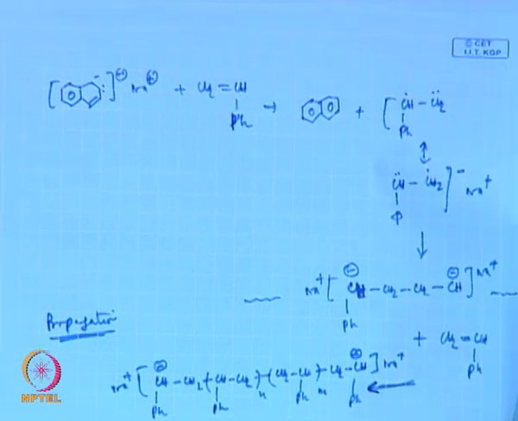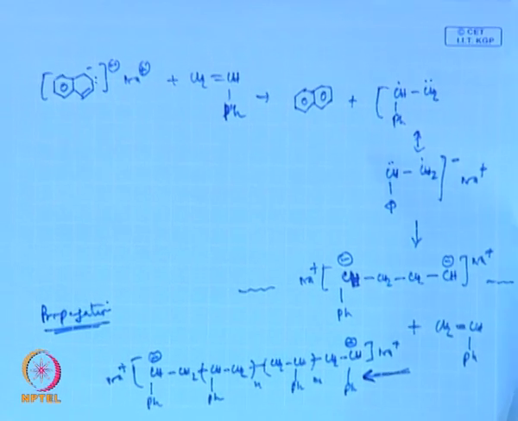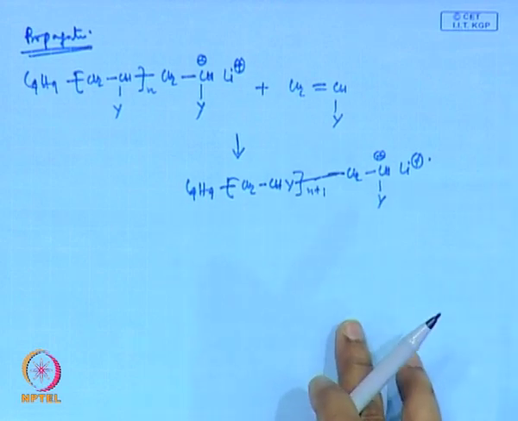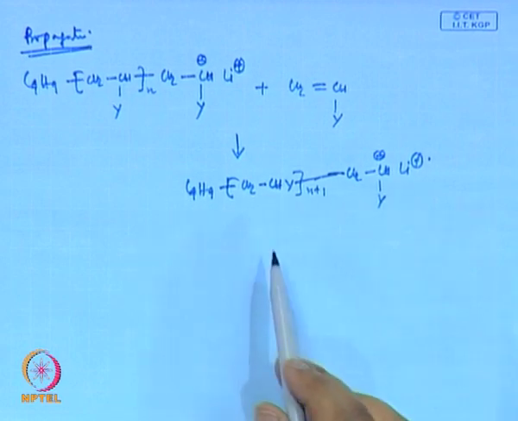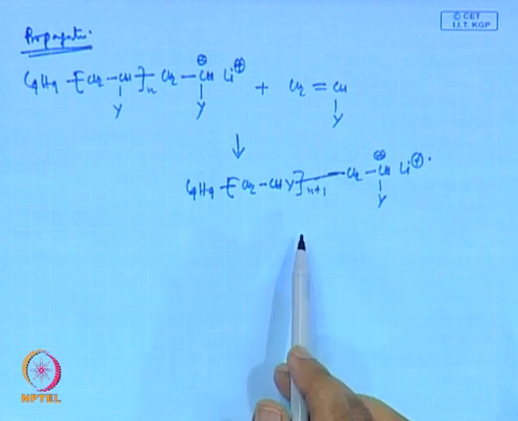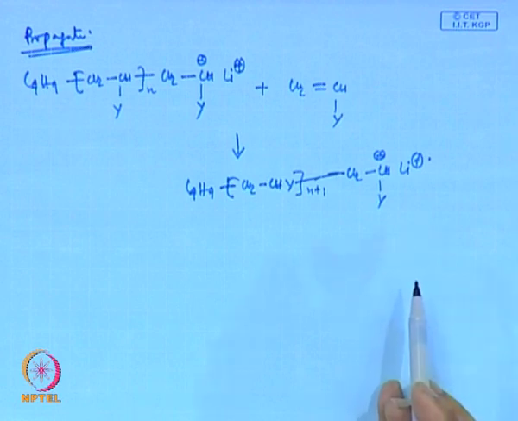Now, these are the examples where you do not have an inherent termination reaction. In both these cases, initiation by alkyl lithium and by electron transfer, you do not have any inherent termination reaction. So, the reaction can proceed without termination and the propagating chain can remain living.